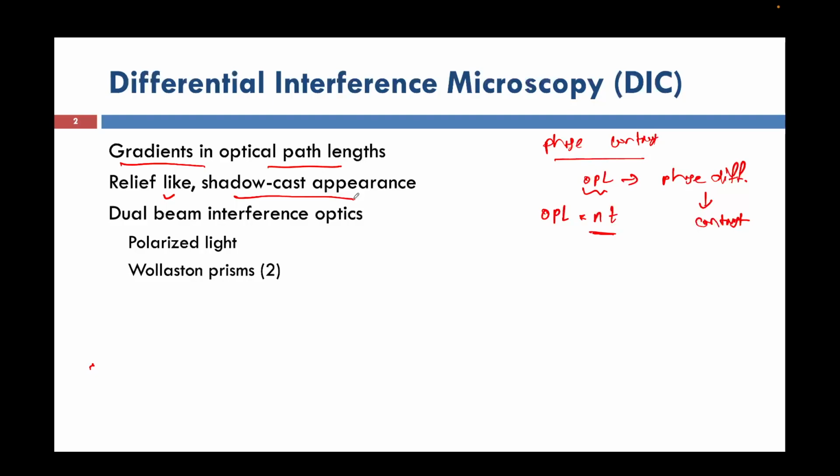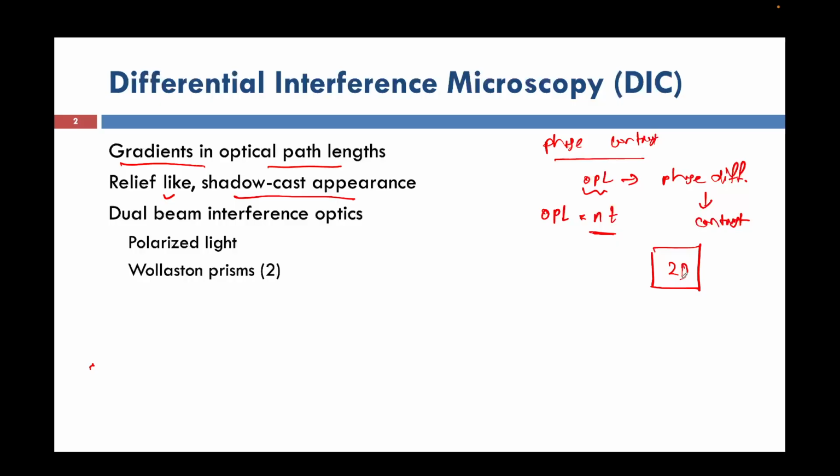In simple terms, we call it a deceptive three-dimensional appearance. Our image is formed in two dimensions, but we get the image in such a way that we think it has a three-dimensional appearance.